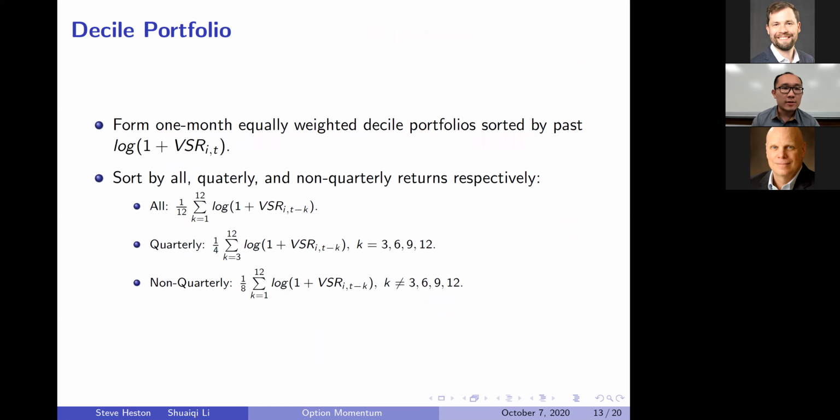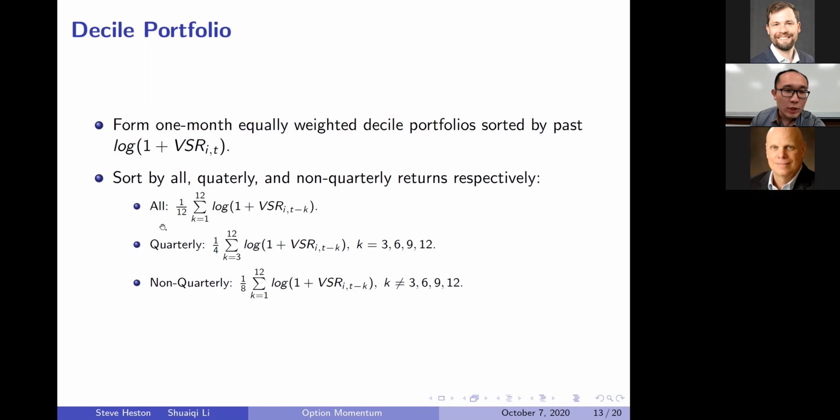Next we try to exploit the pattern we documented in the figure before by forming decile portfolios. Each month we sort firms into deciles by their past log variance swap return, equally weight the firms, and hold them for 1 month. To check the seasonality, we sort by 3 past return categories.